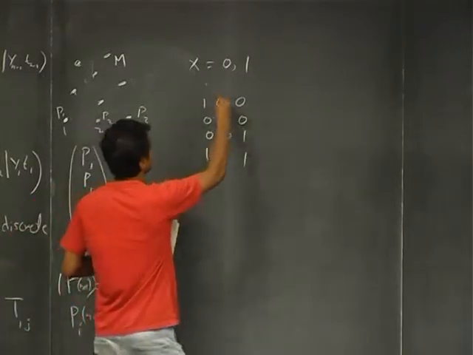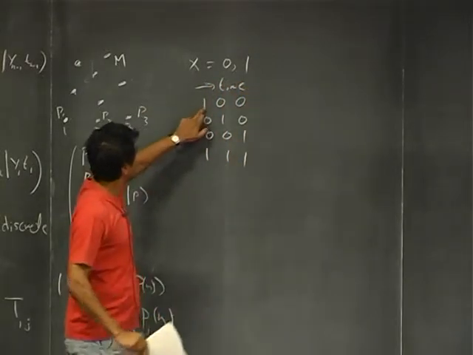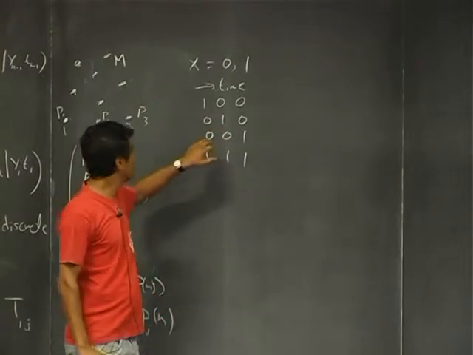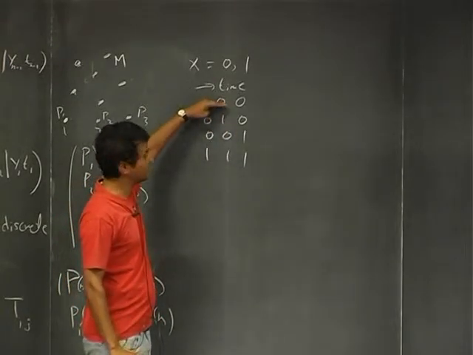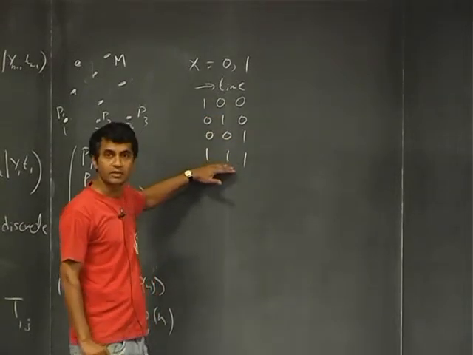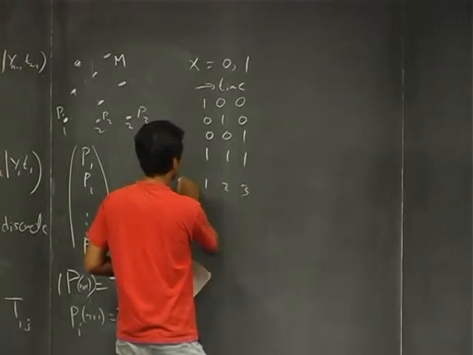So this is time; it starts from 1 and goes to 0, 0. If it's a stochastic process, you have to give the probability of each sequence. So this is time 1, 2, 3.